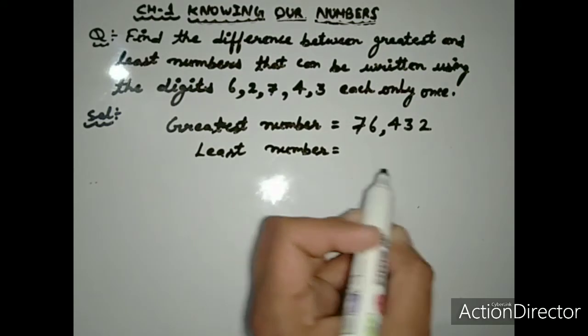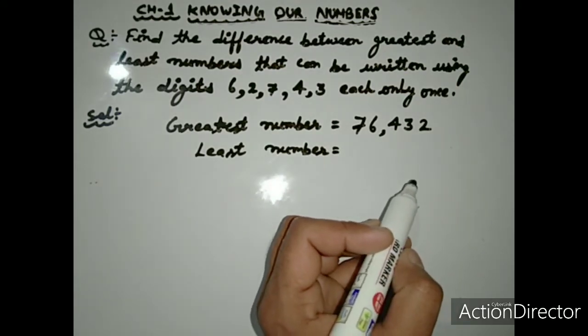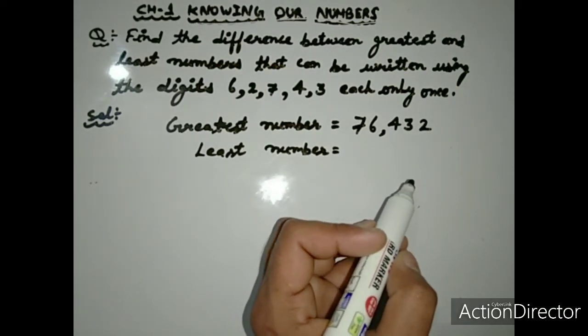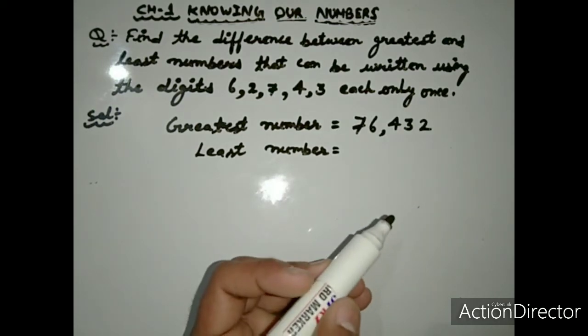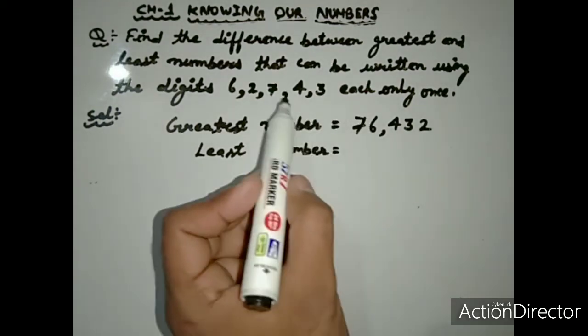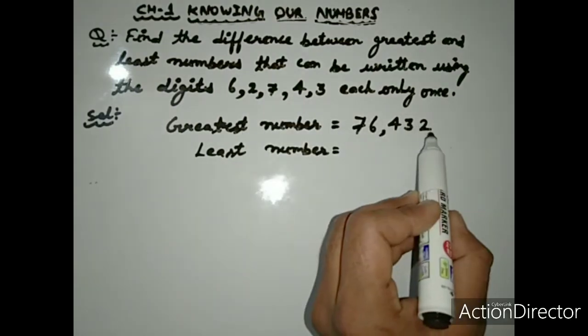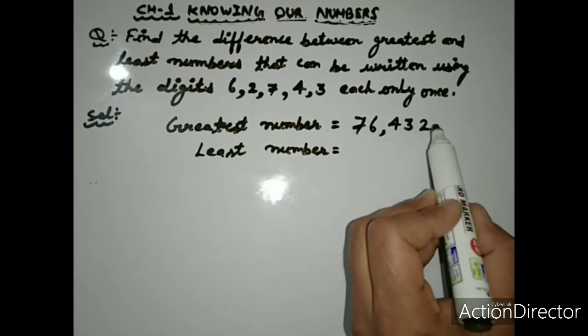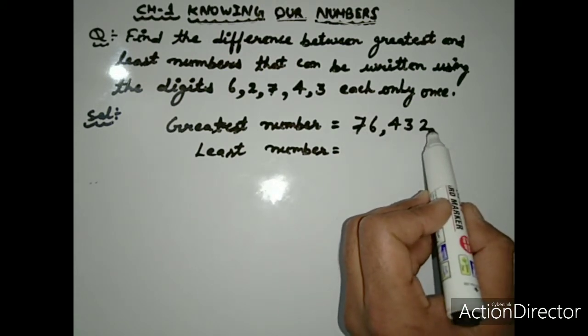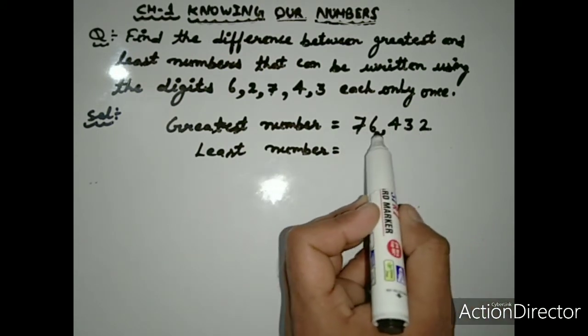Now we find the least number. To generate the smallest number, the digits are arranged in ascending order, meaning smaller to greater. So we write 2, 3, 4, 6, 7.